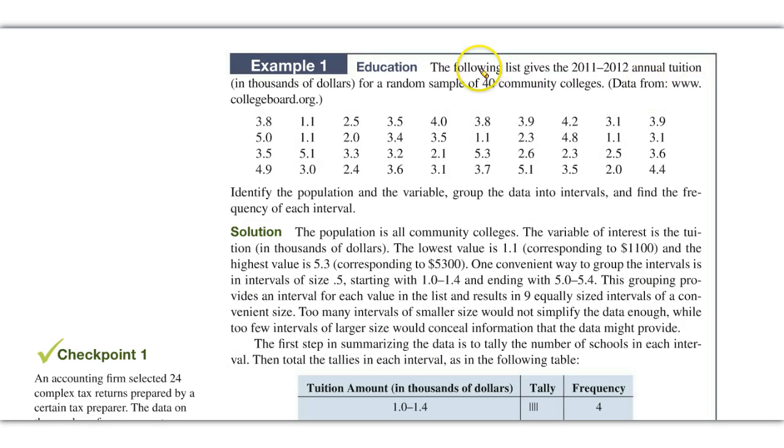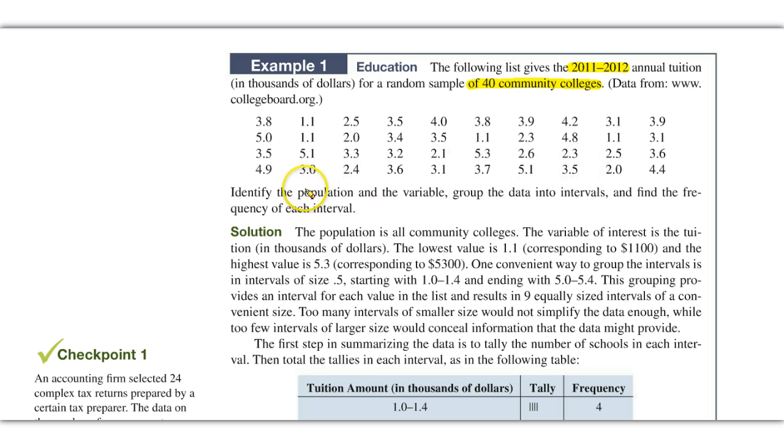So in example 1, back in 2011-2012, they looked at the annual tuition in thousands of dollars of 40 community colleges. And this is what they got, rounding it off just to 2 places. And these are the data.